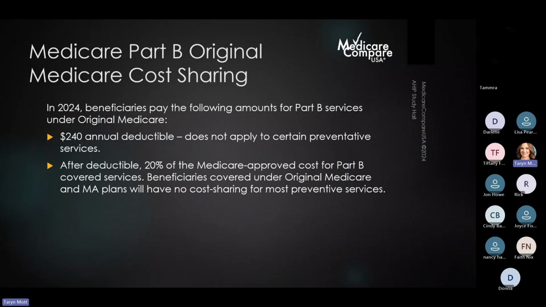That's preventative, and that would come up at $0. But everything else, after the deductible, is a 20% cost share of Medicare-approved costs for Part B covered services. Beneficiaries covered under Original Medicare and MA plans will have no cost sharing for most preventative services.